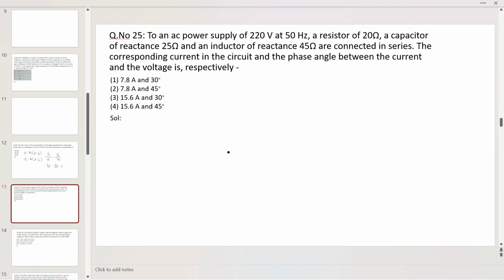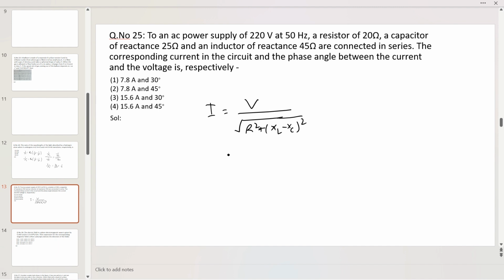So you have to find the current. This is a simple question. I is equal to V by root over R square plus XL minus XC the whole square.